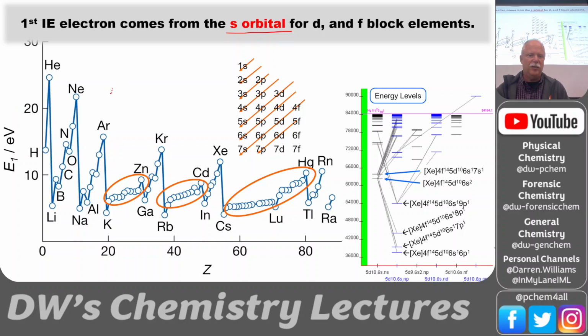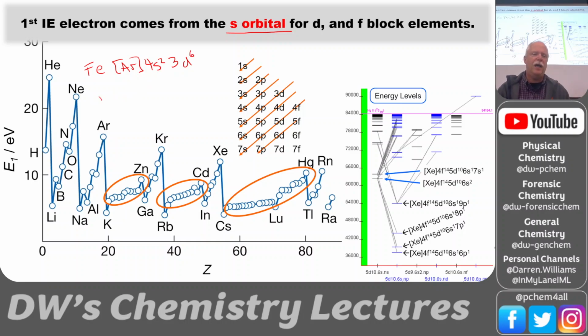So let's do an example. Let's pick iron, okay? Iron is argon core, and then we come in on the 4s2, 3d, 1, 2, 3, 4, 5, 6, 3d6.